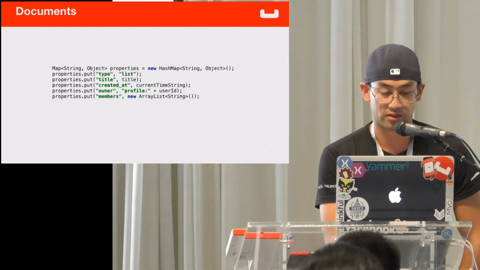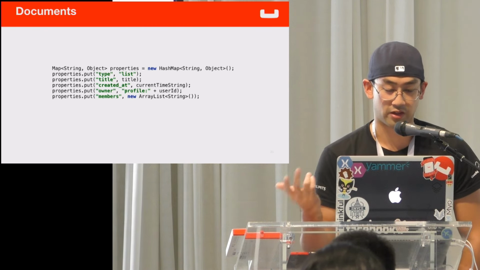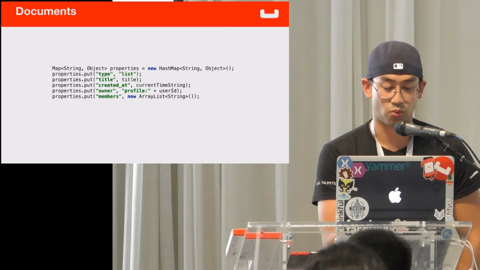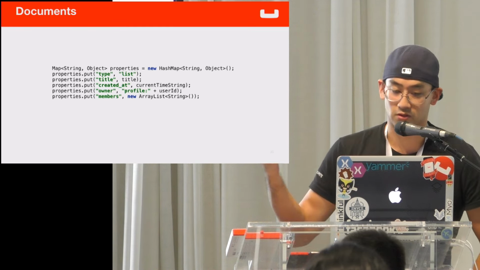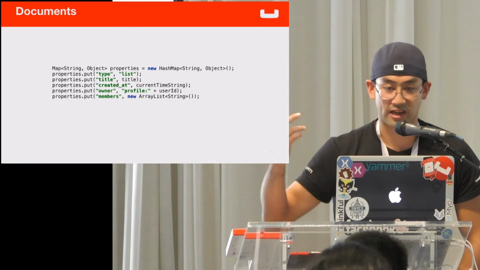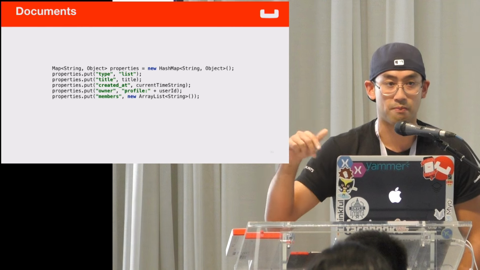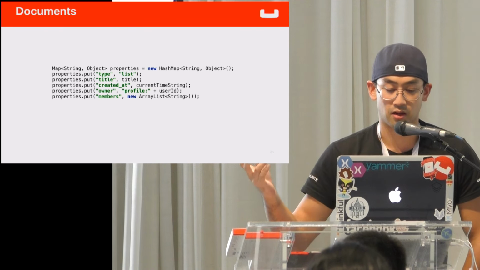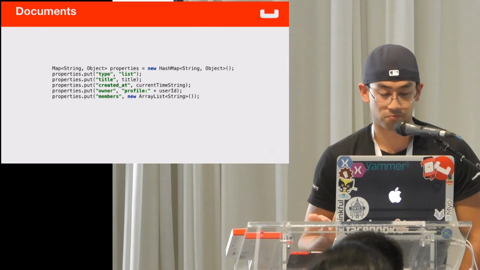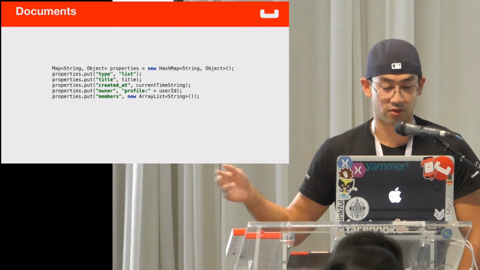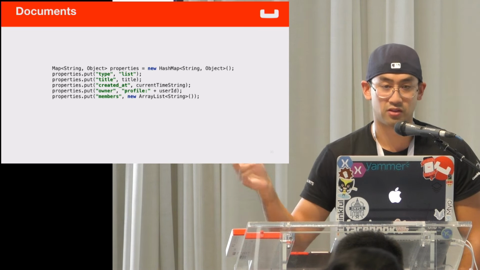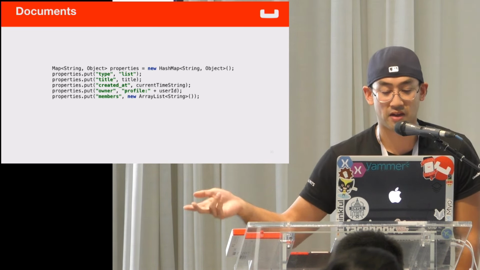The first one's type, and the value of type is list. The second one, the key is title, but it has a variable that references it. That title could be something you get from a call, or you have the user type it in the field, and then it gets populated accordingly. So essentially, if I can count right, you have five puts there that put keys and values accordingly.